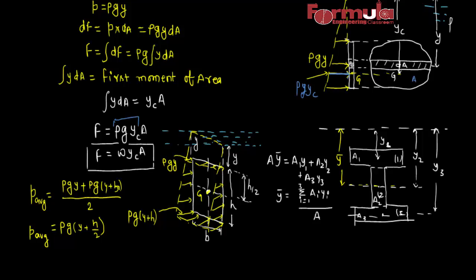So the center of gravity of this body is at a distance y plus h by 2 below the free surface.